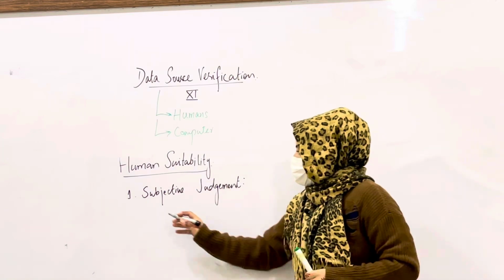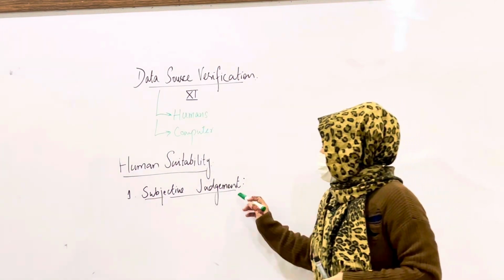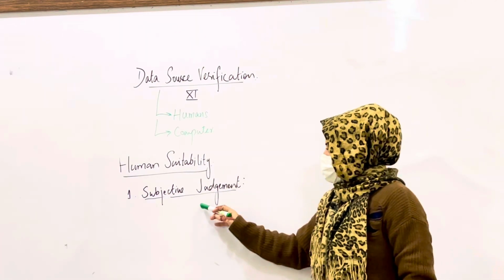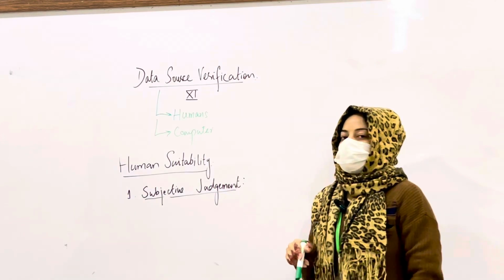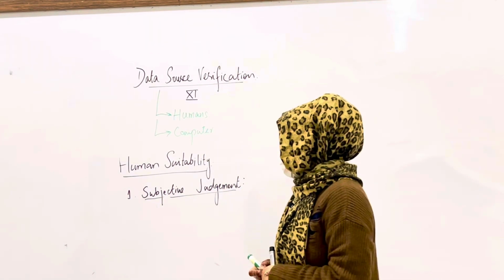What is subjective judgment? First we need to understand this phrase. Subjective judgment is that procedure in which we have to decide what is the interpretation or actual meaning of the text, right?